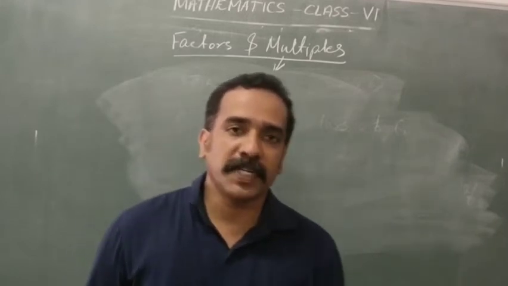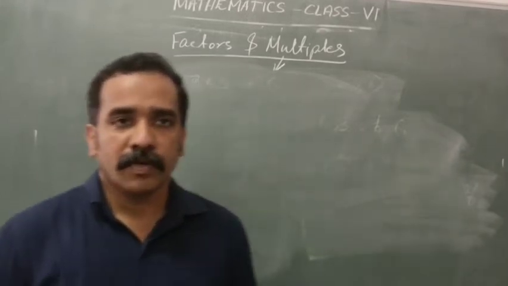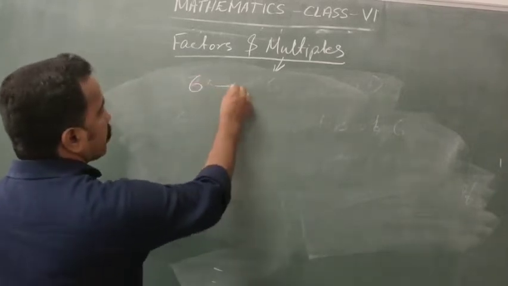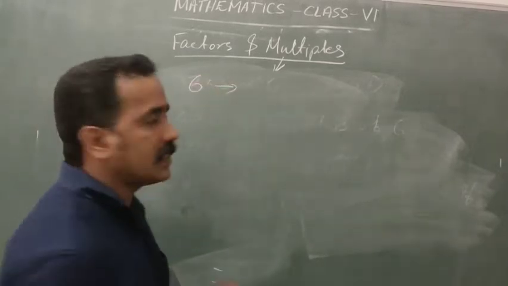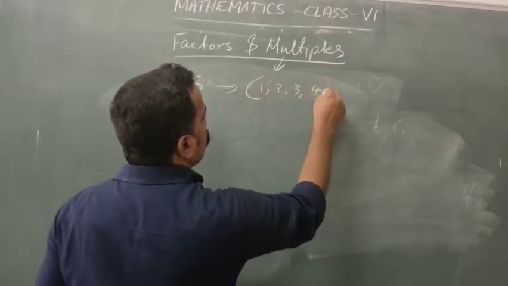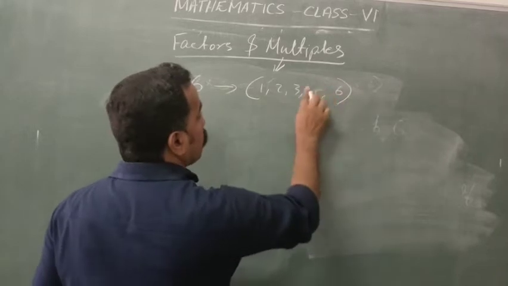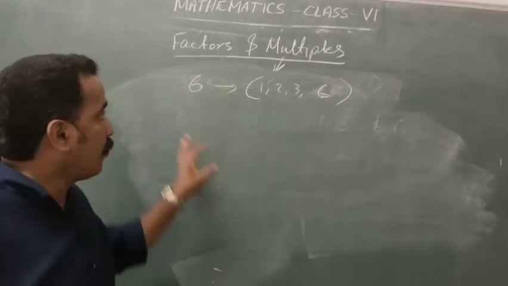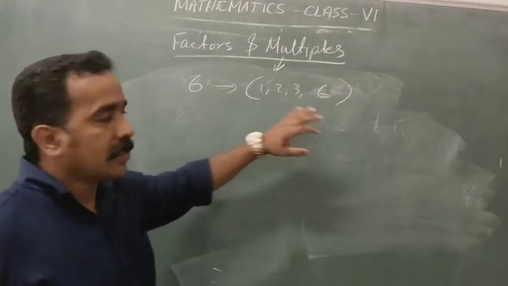Now let us see some interesting characteristics of some special types of numbers. For example, if you consider the number 6, the factors of 6 are 1, 2, 3, and 6.